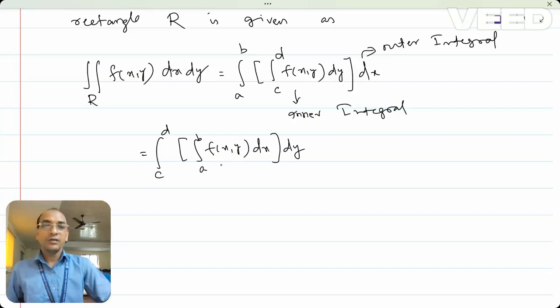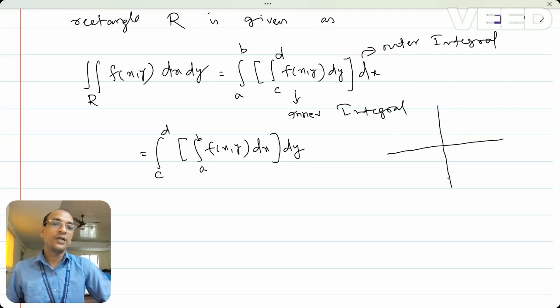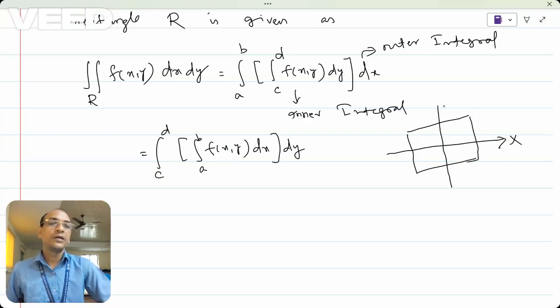For example, here I said that it is over a rectangle. So suppose this is my xy plane, and suppose this is my rectangle. Here this is my x-axis and this is my y-axis. x is from here to here, so I can have here A, and here B. So this is the limit of x, and y is from here to here.